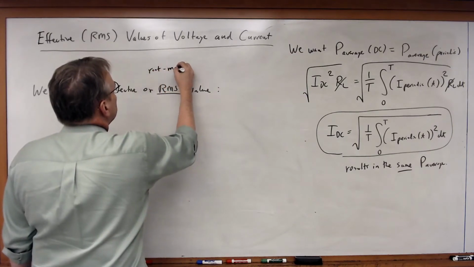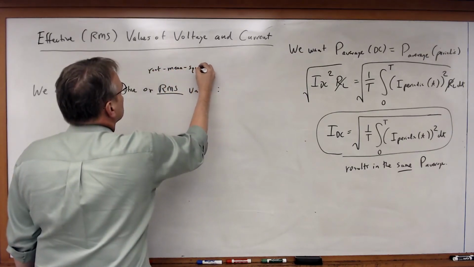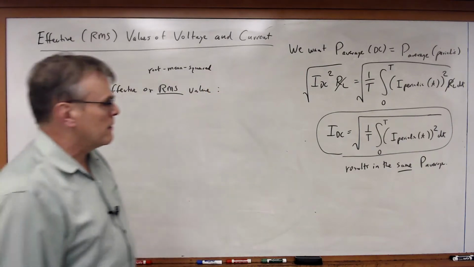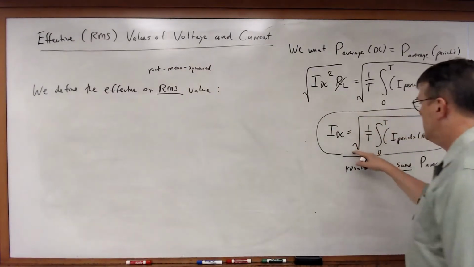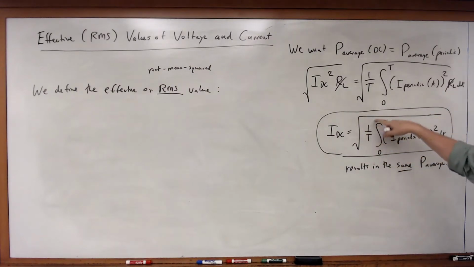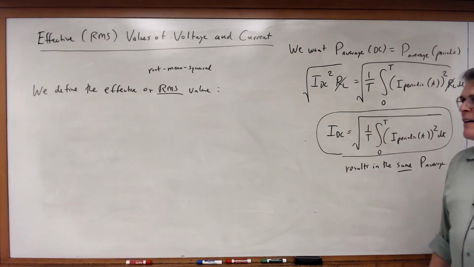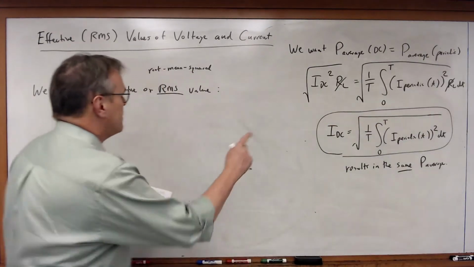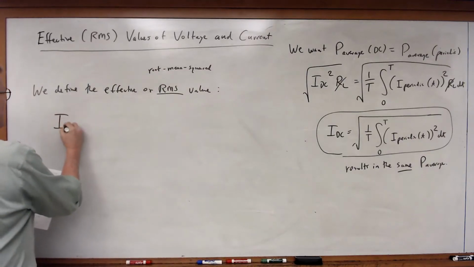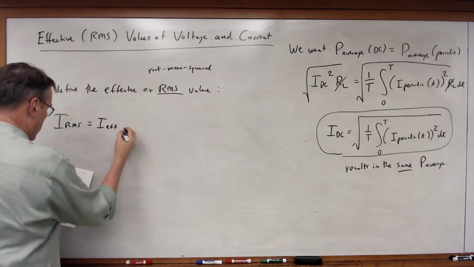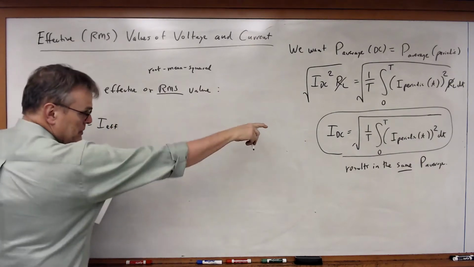Root mean squared. And in fact, look what we just did here. IDC is equal to the square root of the mean of the squared function, RMS. Okay? I'm going to define IRMS or I effective as simply that function.